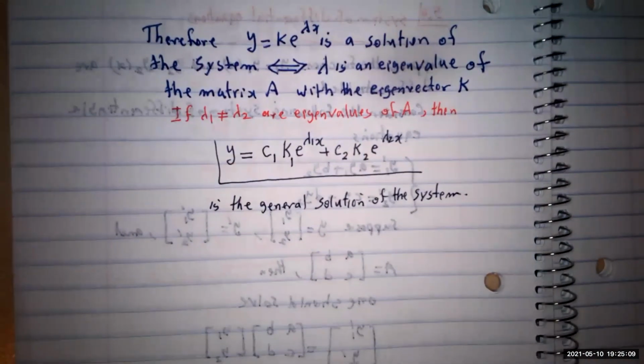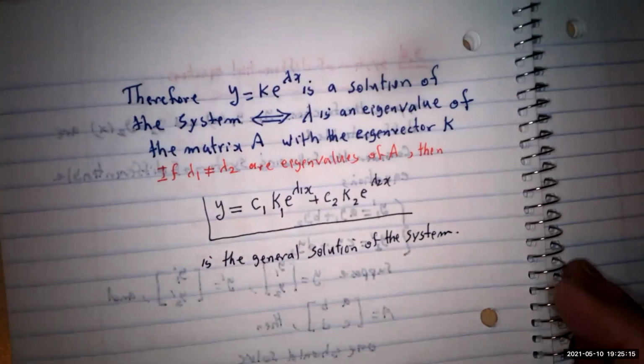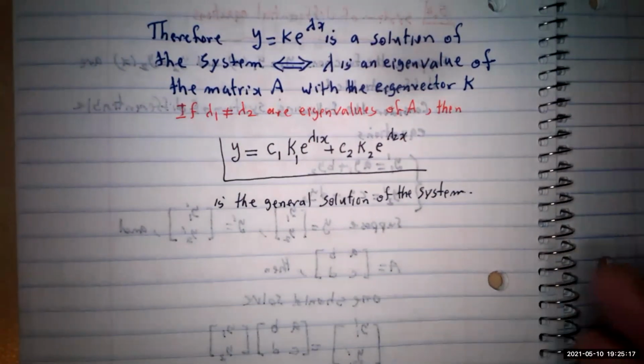If the solution is repeated, you have to modify this, and that would rather be a differential equations course. In this course, we're just considering when lambda 1 is not equal to lambda 2, because there is another interpretation of this in your book.